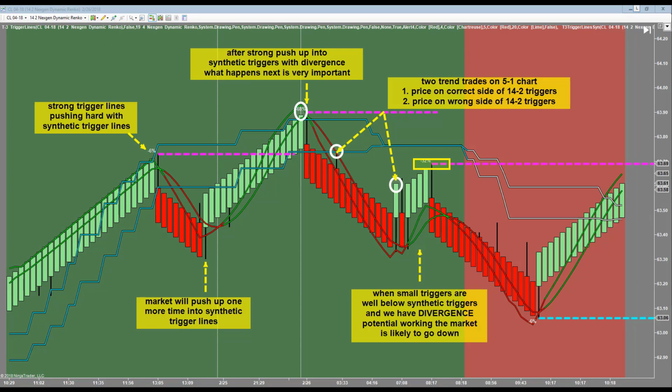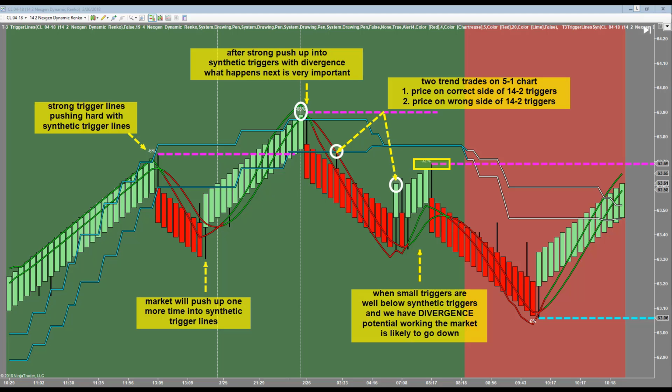I want to introduce the same concepts when you're looking at your 14-2 chart. If you have a very strong trigger line push to the upside, and your small triggers get below the synthetic triggers, as long as the synthetic triggers are still crossed up, you're going to get one more push back up into the synthetic trigger lines.